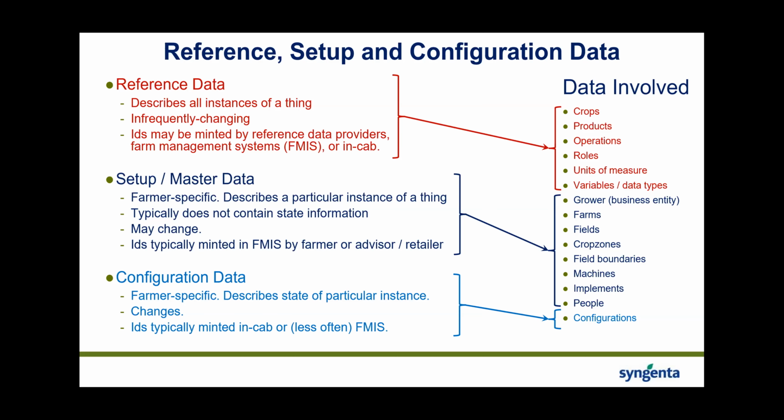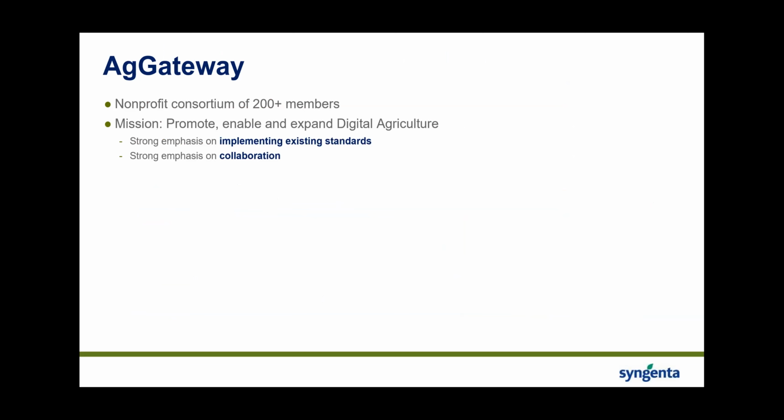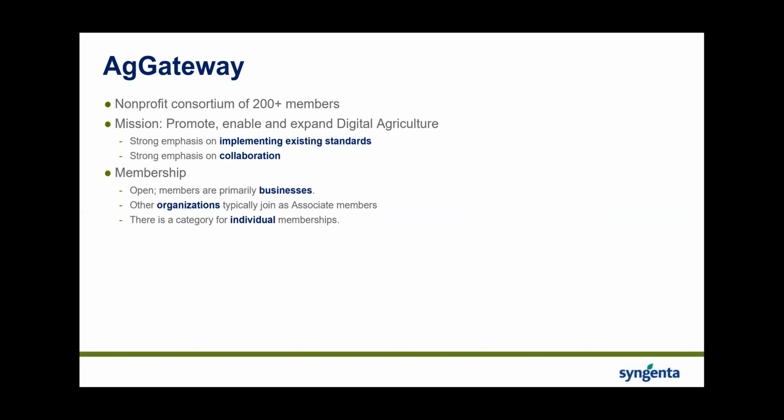So I mentioned AgGateway in my title. It's a nonprofit consortium. Its mission is to promote, enable, and expand digital agriculture with a strong emphasis on implementing existing standards and a strong emphasis on collaboration. Membership is open.